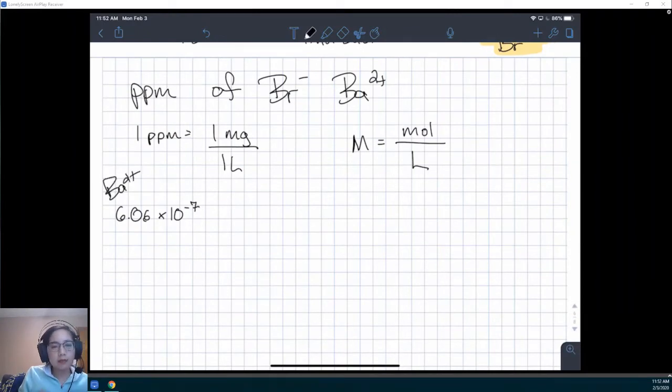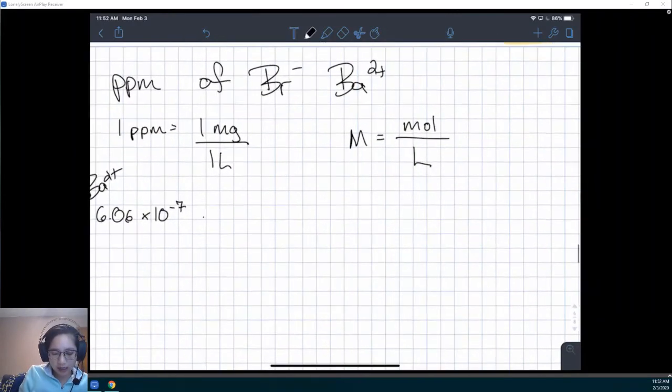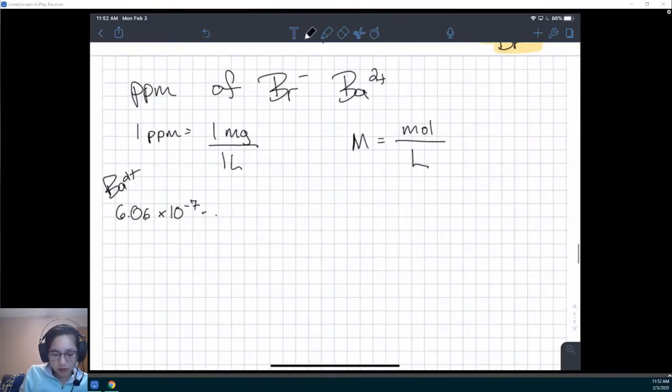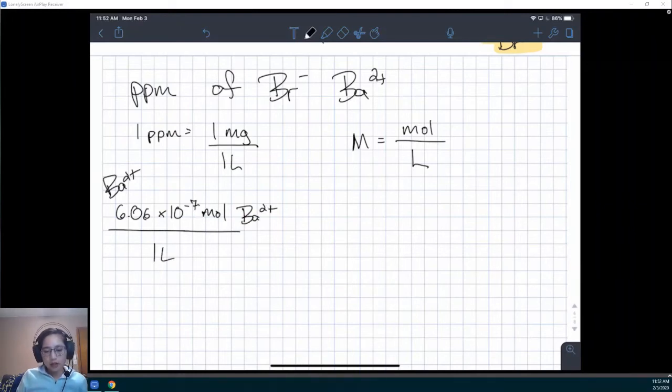But instead of big M, I want to write it as moles of barium 2 plus over 1 liter of solution. All right, so my goal is to get this into milligrams per liter. In order to go from moles to a mass, we need to use the molar mass. So we can go from moles to grams and grams to milligrams.